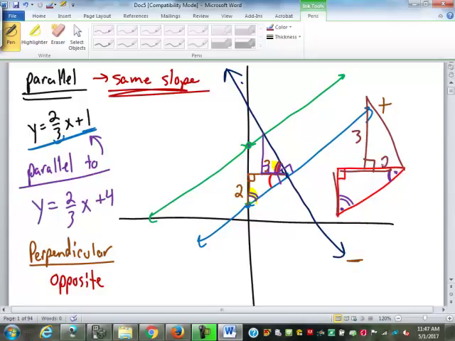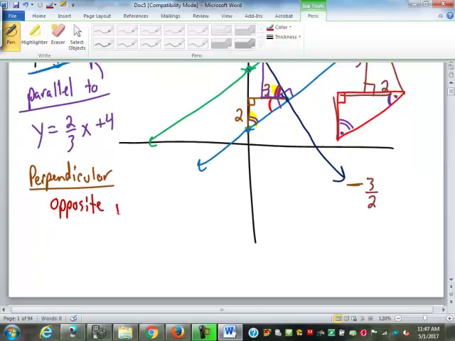This side that was 2 is now here. That slope is not only negative, but it's now 3 over 2. The rise and run have switched places. Switching the rise and run, or the numerator and denominator, is what we call the reciprocal. So if we have perpendicular lines, their slopes are opposite reciprocals.